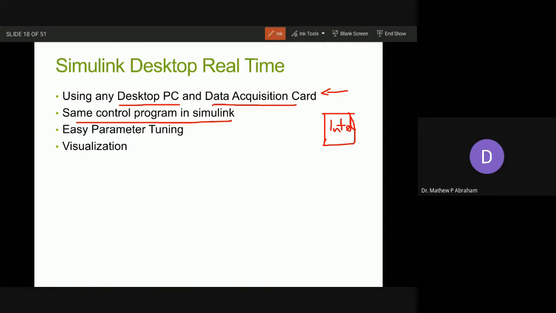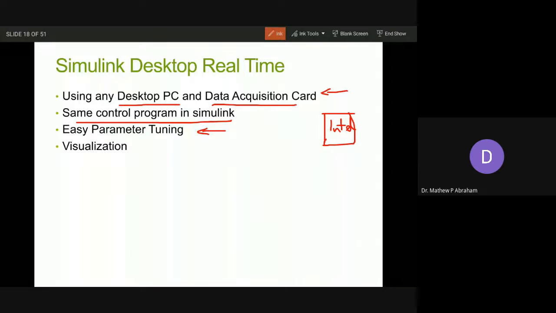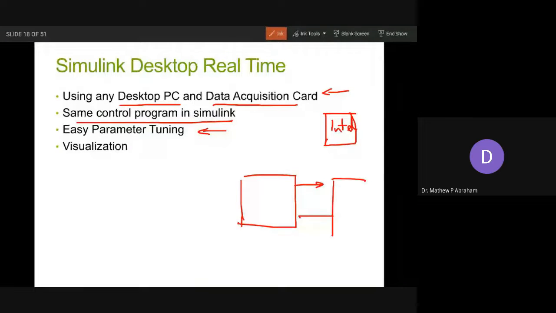Right? There are several advantages of going in for this mode of operation. The first one is parameter tuning. We have our desktop monitor in front of us, which runs the program, and it is directly connected to our real analog setup, right?